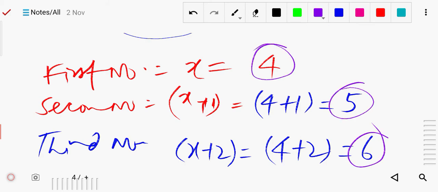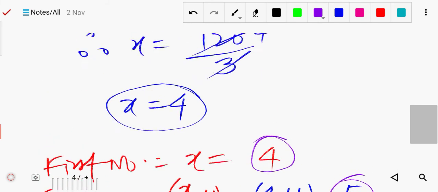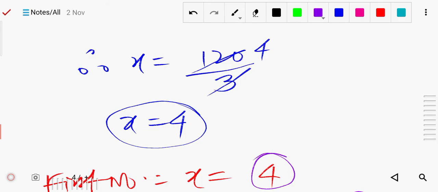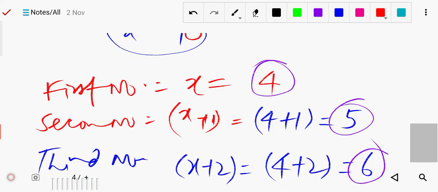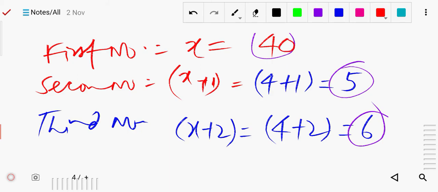Here I made a mistake, please correct it. Sorry, if you divide by 3 it will be 40, not 4. So the first number will be 40, and 40 plus 1 will be 41, not 5.